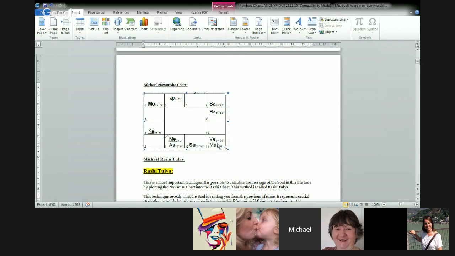And the first house of the Navamsha also affects marriage, and that would put me as intense and analytic. Mercury can be critical, but obviously, again, not in my case. So perhaps enough said there.